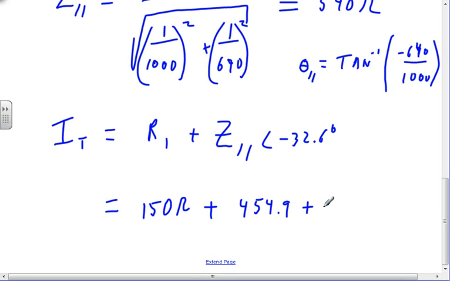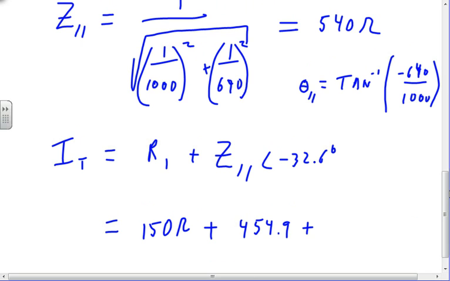Plus the other one, is it 540? Yeah, so 540 times the sine of minus 32.6 degrees equals minus 291i.